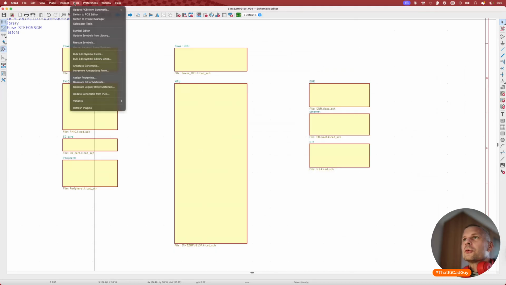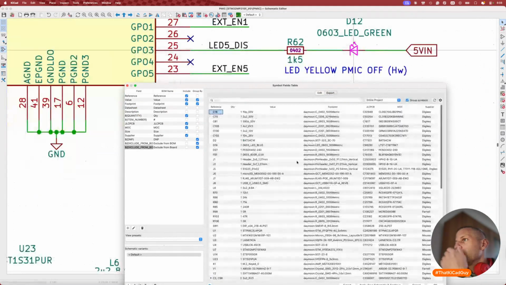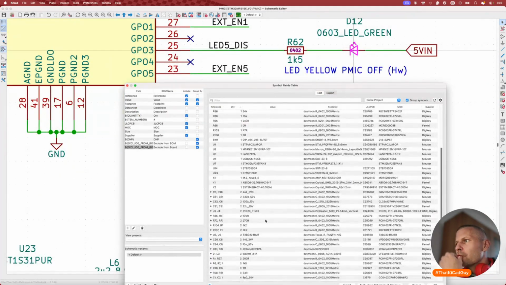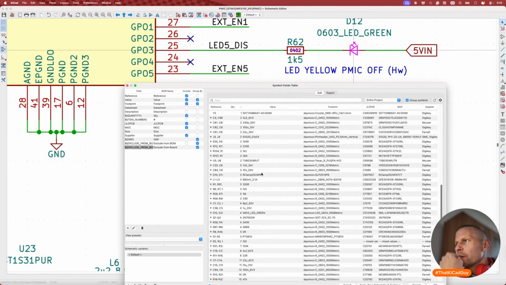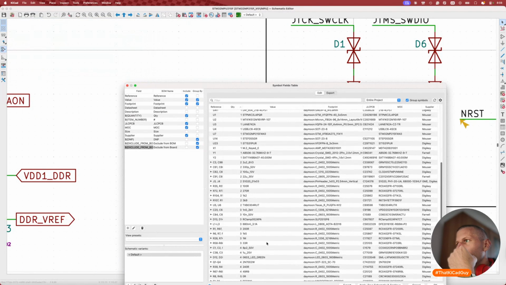In the BOM tool I should see. This is the array, 3.3, 18 of them.